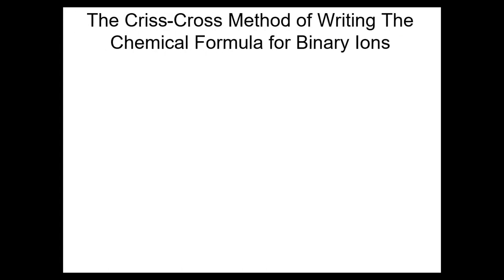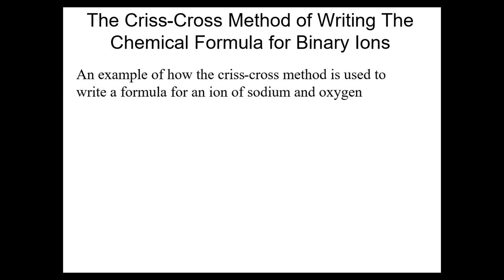Okay, so I want to show you also how to write formulas for ionic compounds. So those are kind of how to write names. Now we're going to go over how to write formulas, and then we're going to practice both. When we write formulas, we write the symbol for each of the elements, and we write the charge next to it using our common charges from a periodic table.